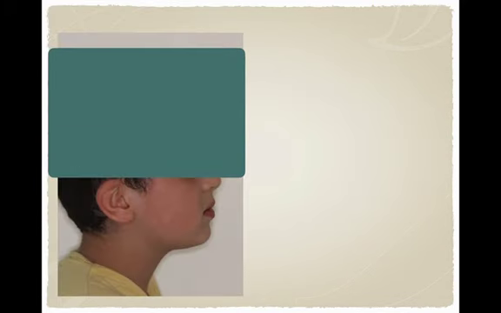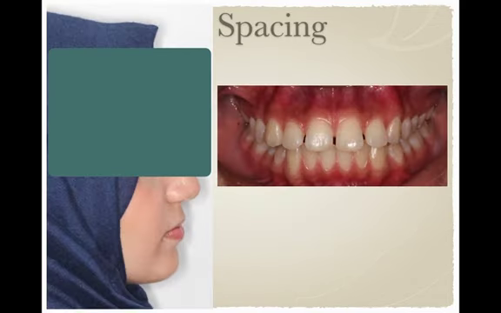Sometimes the lips play a role as well, in which they tend to exert force on the lower incisors to retrocline them. And as we know, retroclination of the lower incisor will result in late lower labial segment crowding.